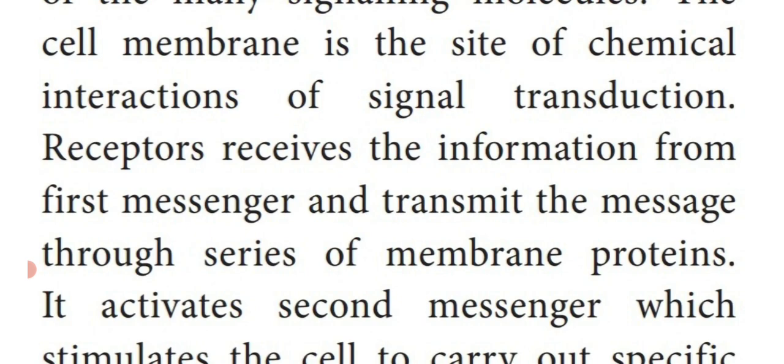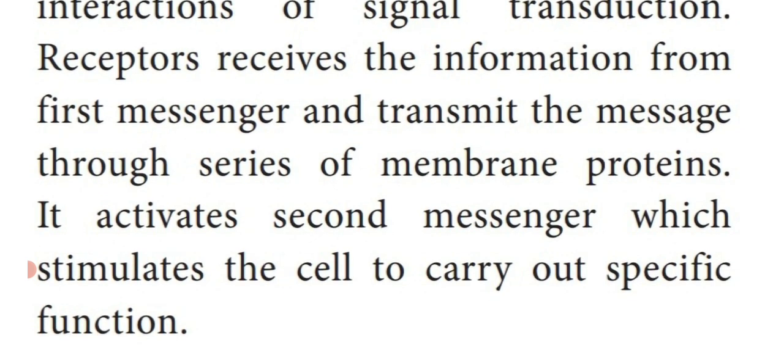The receptor which is present in the cell membrane receives the message known as the first messenger and transmits the message to the membrane protein. This protein acts as a transmitter which activates second messenger which stimulates the cell to carry out the specific function.